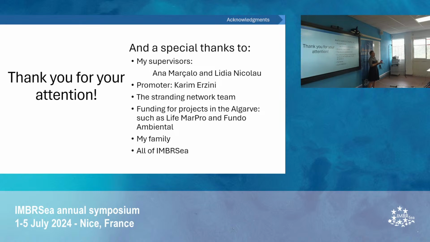That could be for a couple of reasons. Our strandings that drift towards our coast have to be close to our coast, so we're not getting the deaths that are really far out at sea. But I would say that we're pretty good at detecting cause of death, since we have such a large history of stranding networks in Portugal, and we have experts like Kareem to help us with fishing gear marks and such.